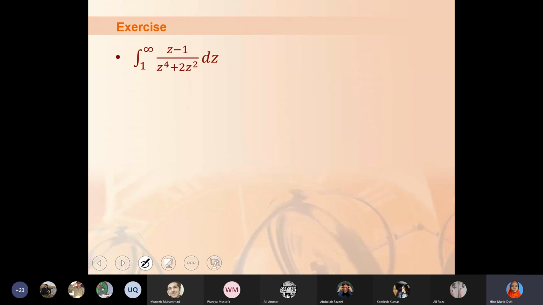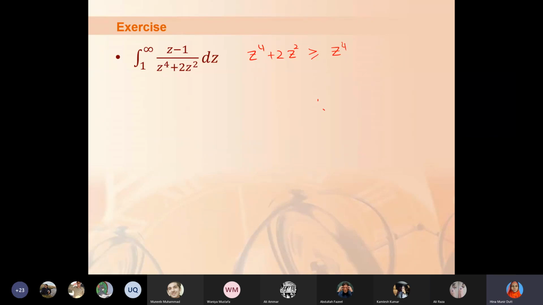You have to compare it with some function whose convergence or divergence is known to you. So first I will build that function. How? z to the 4 plus 2z square is greater than z to the 4. Is it greater than z to the 4?